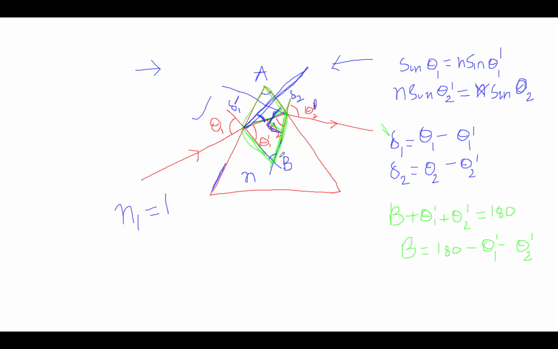So using this, I can write this extra angle here as 90 minus theta 2 prime, or I can write this angle A as a sum of theta 1 prime and theta 2 prime.